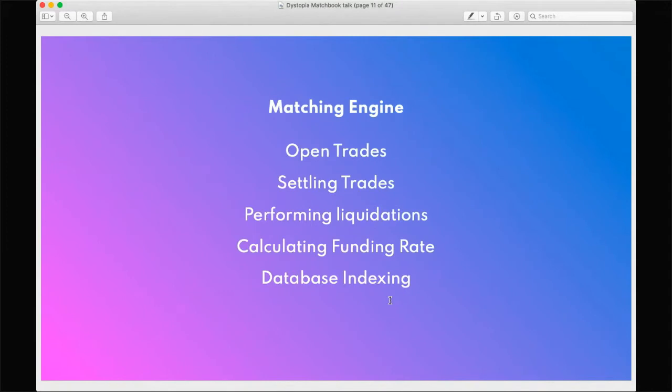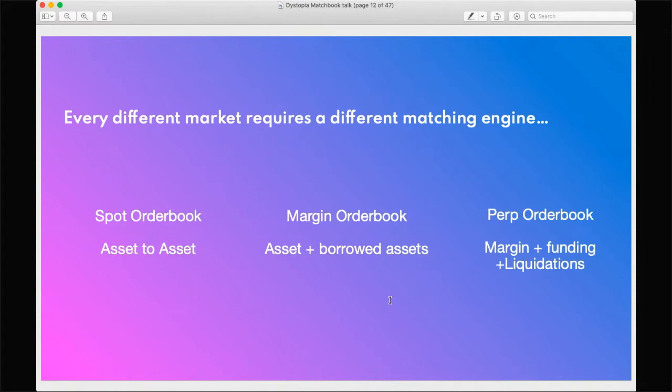The matching engine is looking at opening trades, selling trades, doing liquidations, indexing the database, calculating the funding rate, and whatnot. And it turns out that every different market requires a different matching engine. So for spot order book, it's pretty straightforward. You have asset to asset transfers. For margin order book, it gets a bit complicated because now you're borrowing assets, you're paying interest, you're paying back those assets.